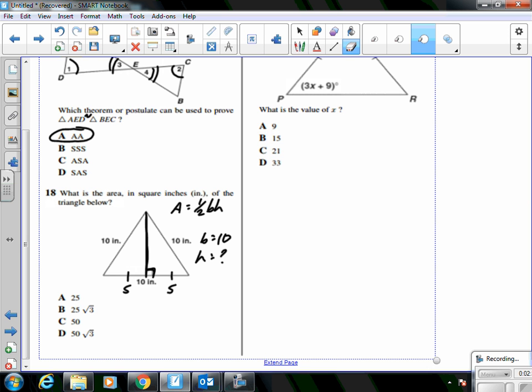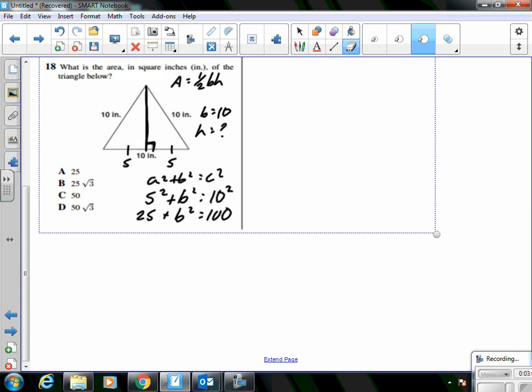And since that's a right triangle, we've got the hypotenuse and one leg, so we can use Pythagorean. A squared plus b squared equals c squared. So 5 squared plus the other leg, b squared, is going to equal the hypotenuse, 10 squared. So 25 plus b squared equals 100. Subtract 25.